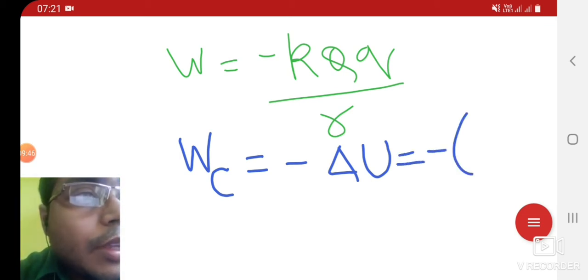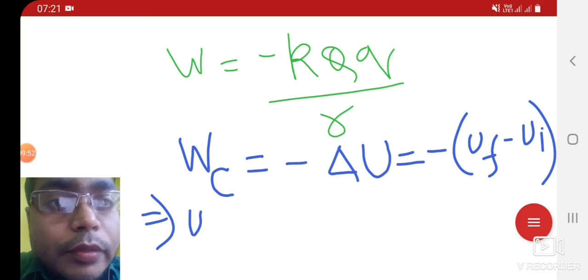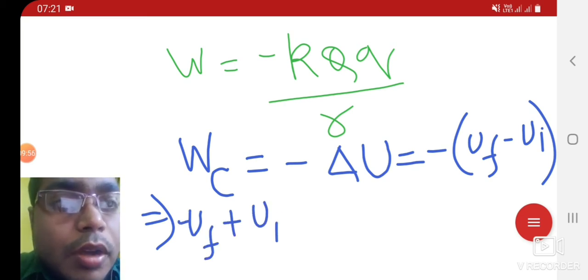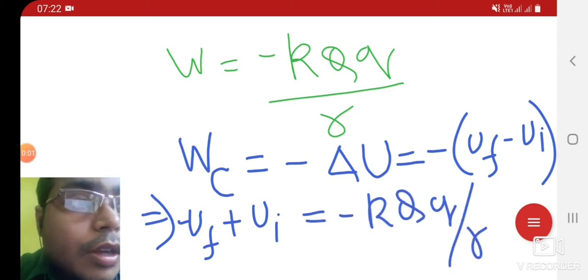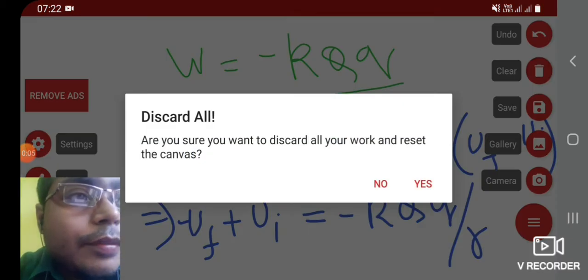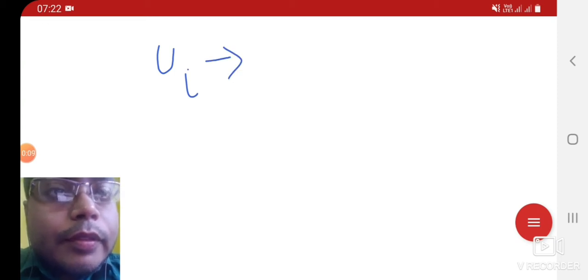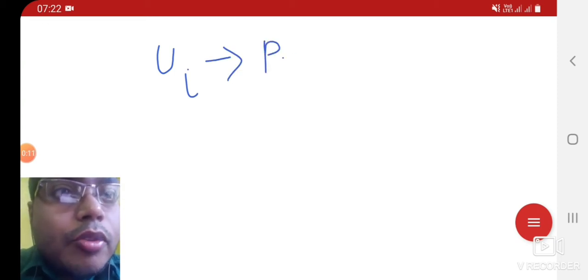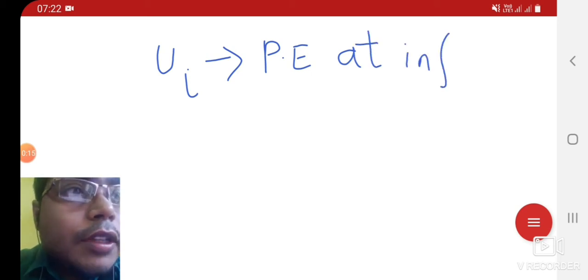So we can write minus change, meaning final minus initial, right? So it will be minus Uf plus Ui equal to minus kQ divided by r. Now we have to consider a reference point here. Ui is the potential energy at infinity.